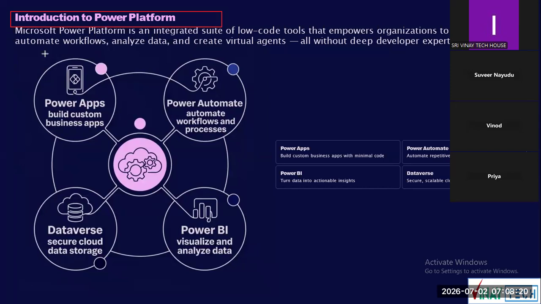Basically, Microsoft Power Platform is an integrated suite of low-code tools that empowers organizations to build business applications, automate their business processes and workflows, analyze the data, and create virtual agents. So all these things we can create without deep developer-level experience.